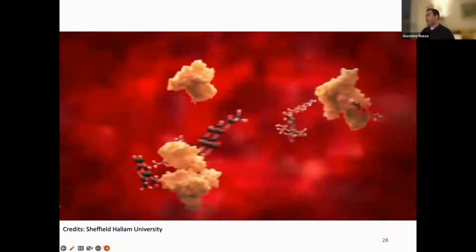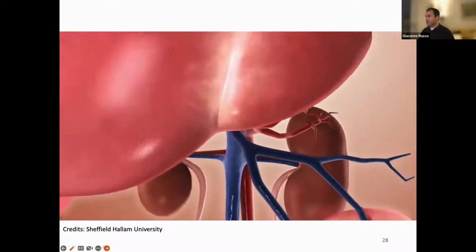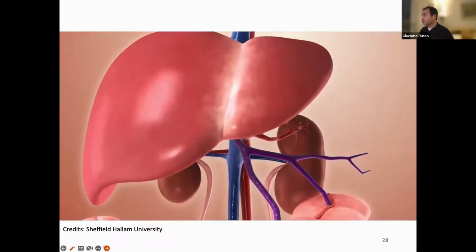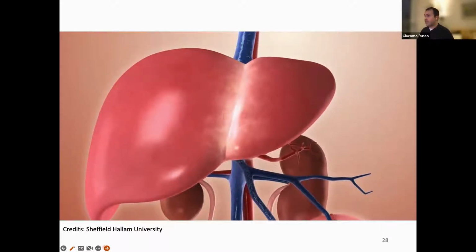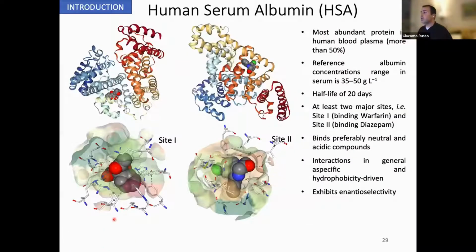So we have two main proteins which are in charge of the distribution. One is the alpha-1 acidic glycoprotein. However, the main one is the human serum albumin or HSA. So this is essentially the most abundant protein in plasma.